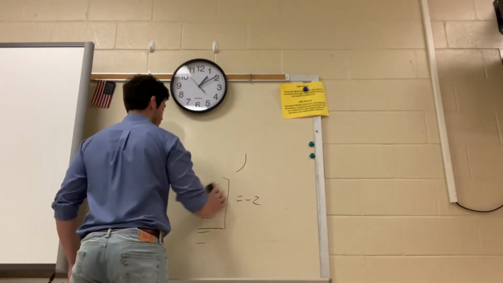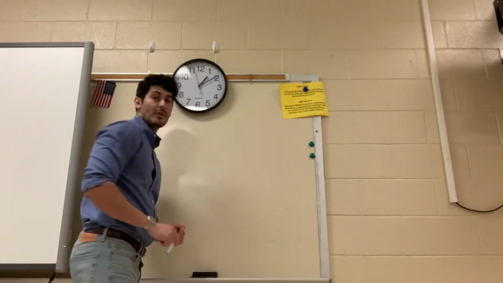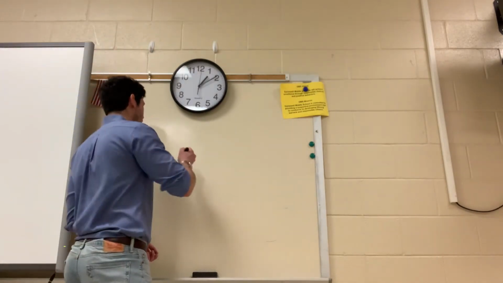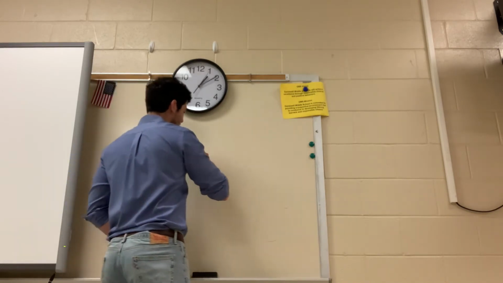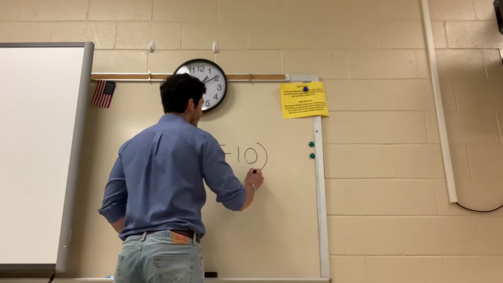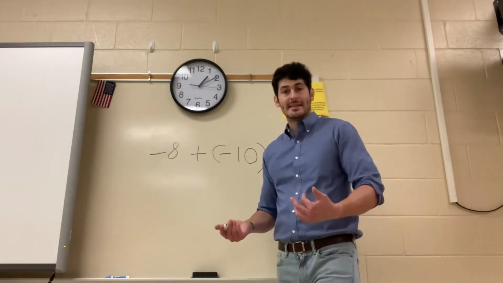Now, what if we're adding two numbers with the same sign? That's actually easier. So let's say, for example, that we have -8 plus -10. So once again, we're adding here, but unlike the first problem, we're adding two numbers with the same sign.